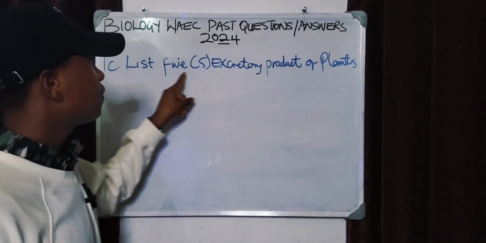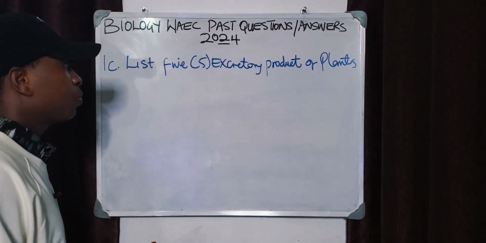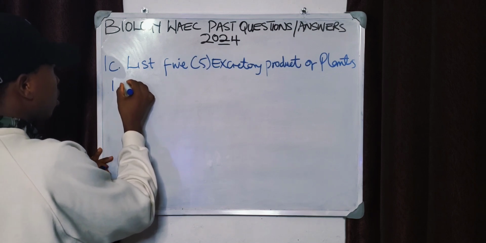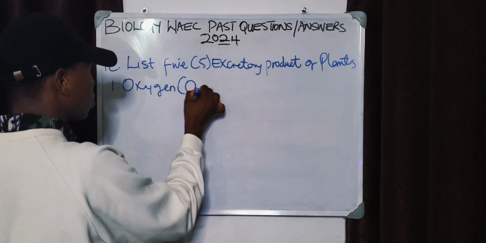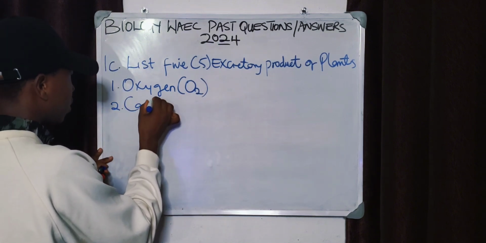Now 1C, list 5 excretory products in plants. So you know the excretory products in plants. Number 1, oxygen. Number 2, carbon dioxide.